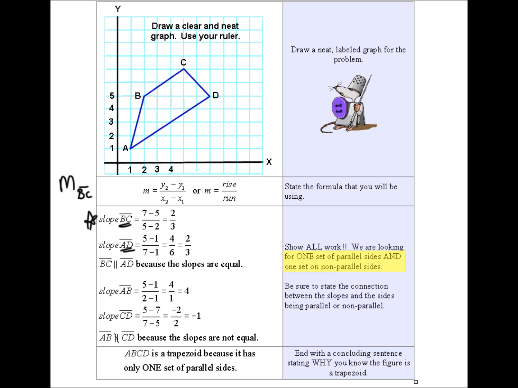And then you will say, since the slopes are equal, they are parallel. All right. It is also important to show that the other two are not parallel, and since it only has one pair of parallel sides, the figure is a trapezoid.